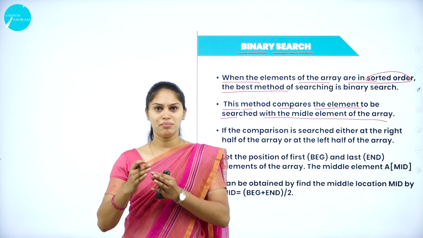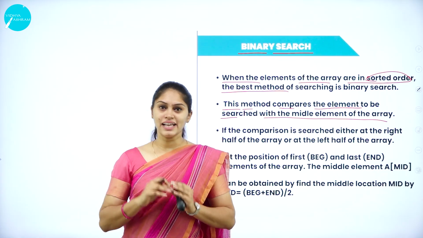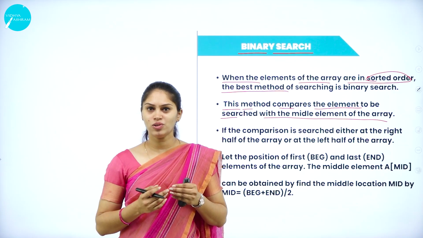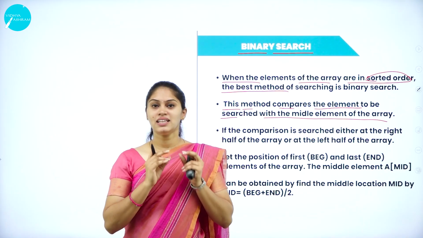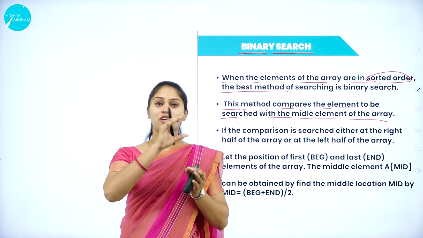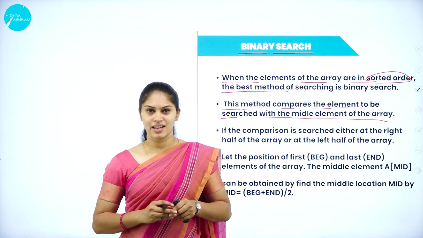If I find it in between, I will come out of the loop. That is linear search. When it comes to binary search, I am directly going to compare the element I am searching for with the middle element of the array.